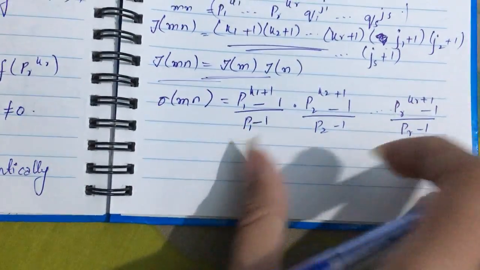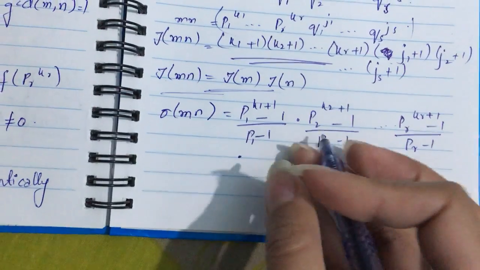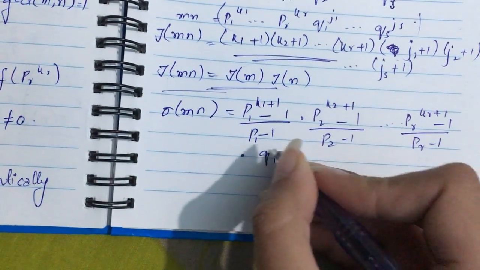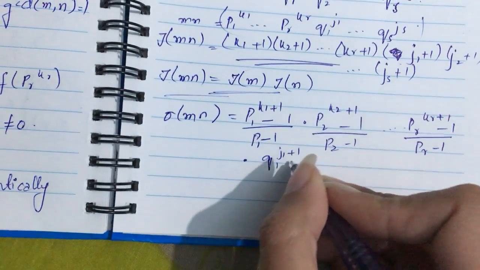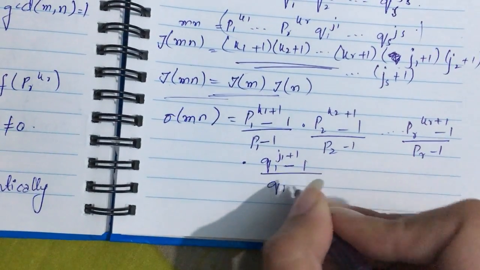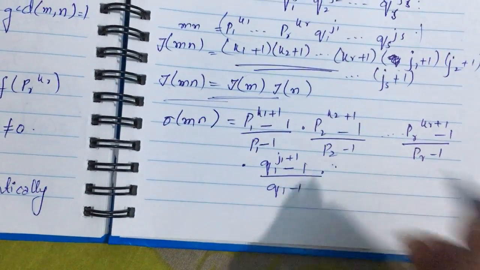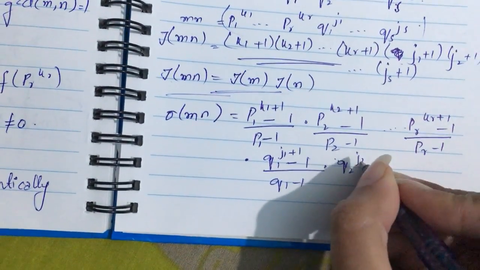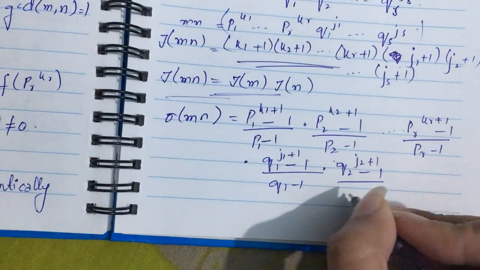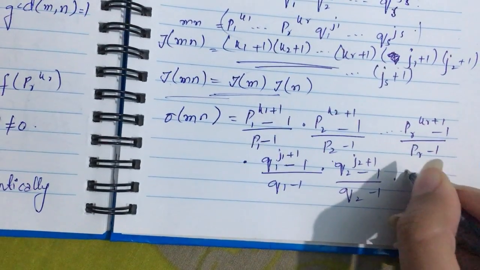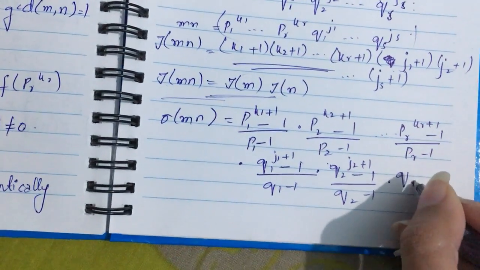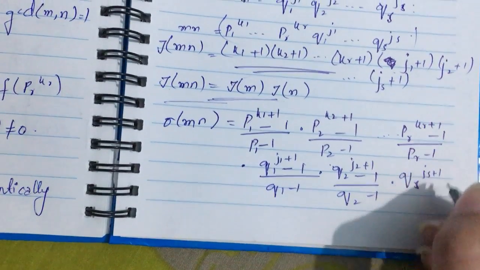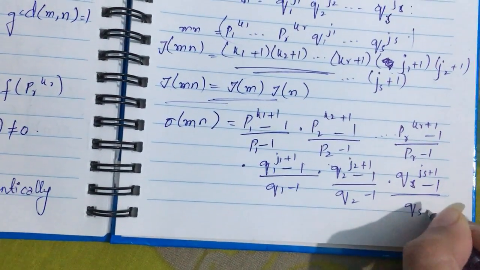Further this whole term is multiplied with q1 to the j1 plus 1 minus 1 over q1 minus 1, into q2 to the j2 plus 1 minus 1 over q2 minus 1, up to qs to the js plus 1 minus 1 over qs minus 1.